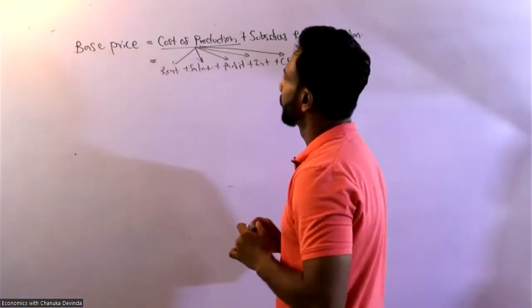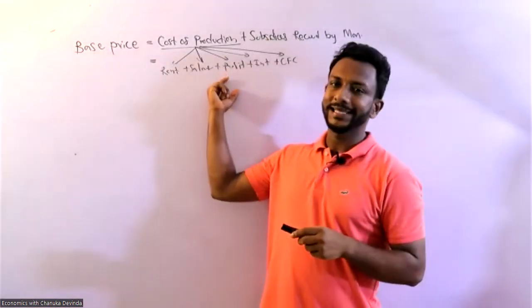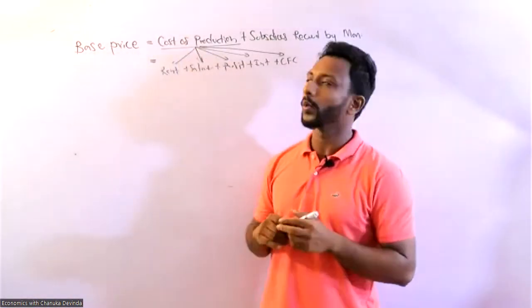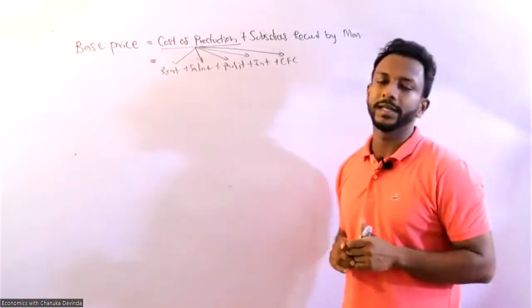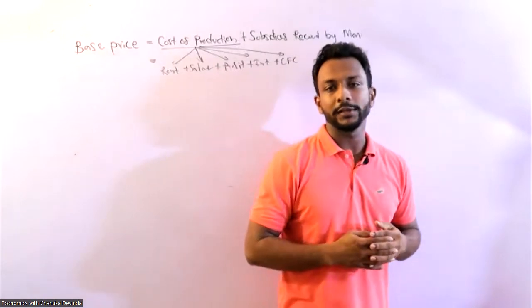Those are the cost of production. Here I included the profit margin as well in the cost of production. So all the things plus subsidies received by the manufacturer.